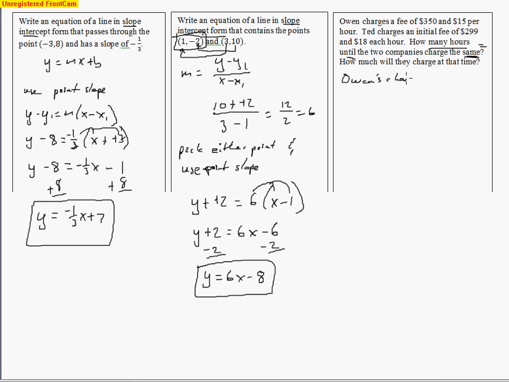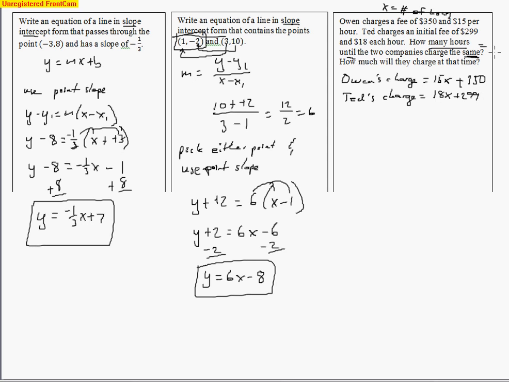Owen's charge equals the $15 each hour, and we're going to say x equals the number of hours. So 15x plus 350. Then we have the next person, Ted's charge, which is $18 an hour plus $2.99.